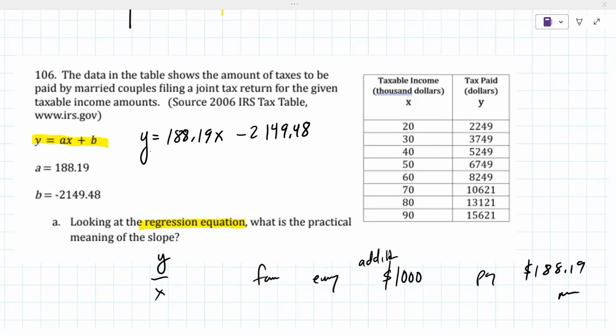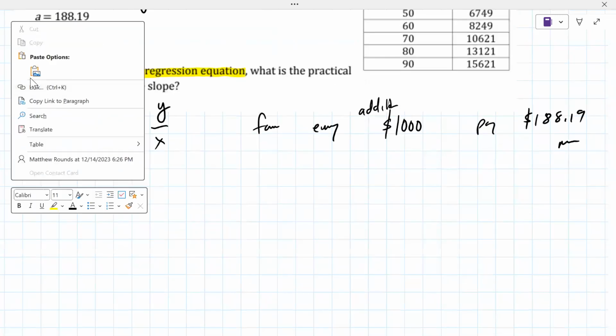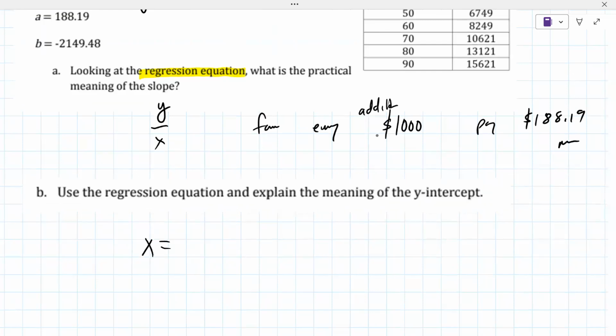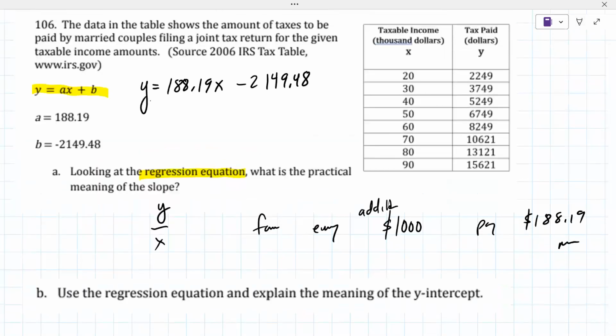All right. Oops. Now you can't see my screen. All right. The next question here is the y-intercept. So they want you to explain what x equals 0 really means in this problem. That means you make no money and you pay negative $2,149.48.